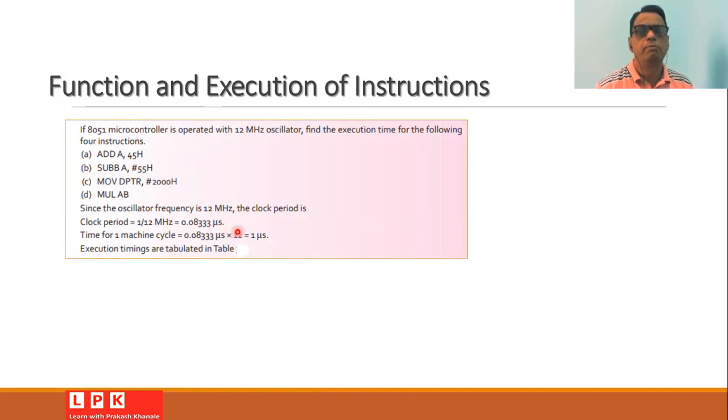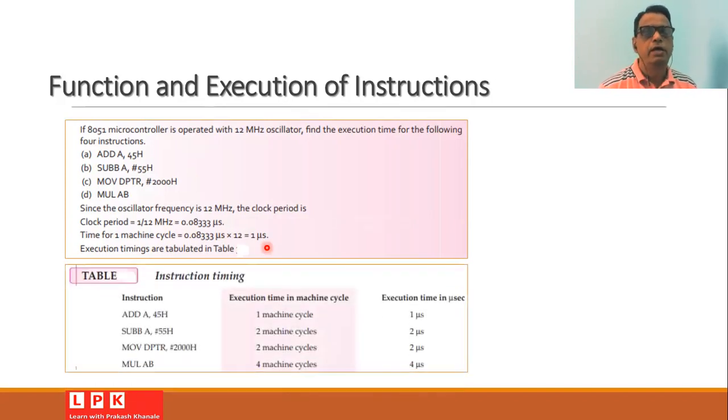Mega means 10 to the power 6, so it will be 0.0833 microseconds. The time for one machine cycle will be 0.0833 microseconds multiplied by 12, which is nothing but 1 microsecond.